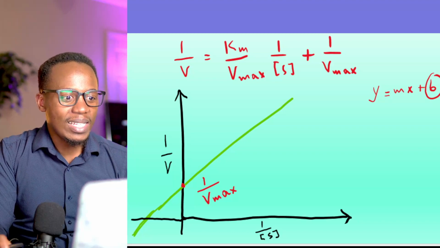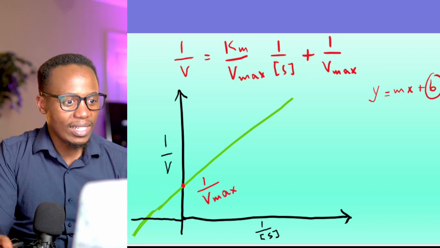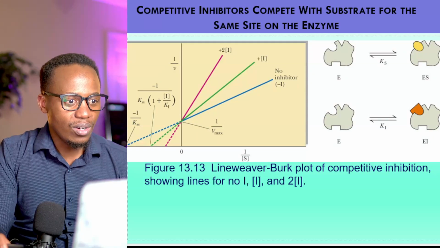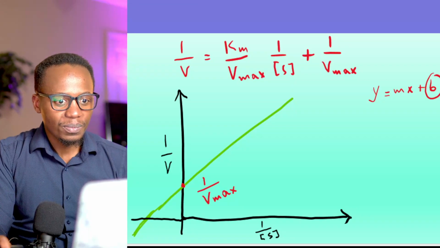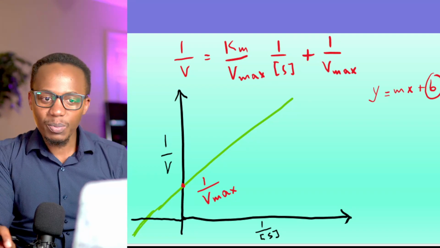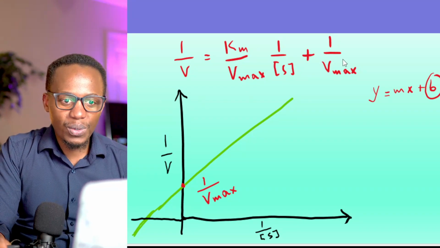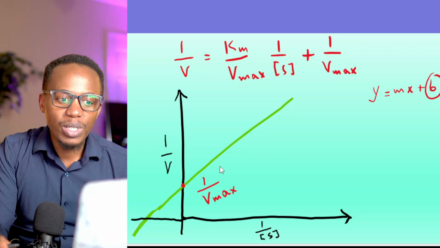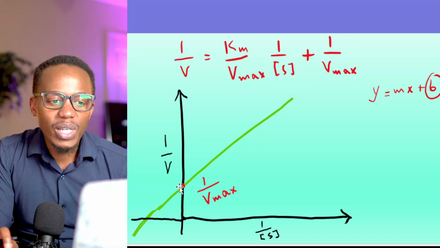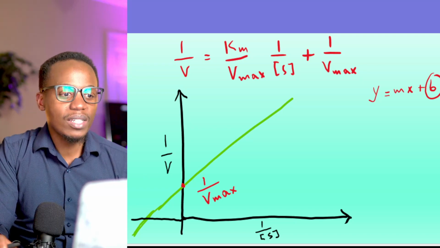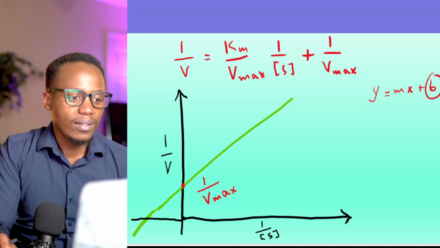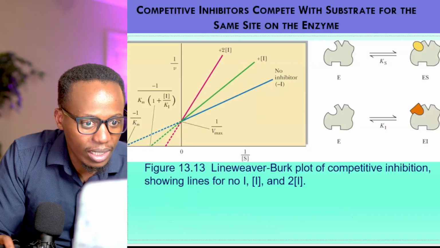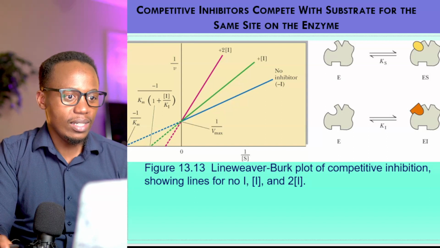So the y-intercept that you can calculate easily is going to be equal to 1 over Vmax, right? That's pretty cool, right? So if you have a number here, it is going to be equal to 1 over Vmax, and you can easily calculate Vmax from there. That's why the Lineweaver-Burk equation is much easier.